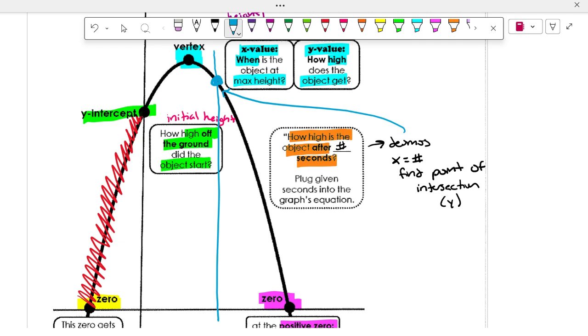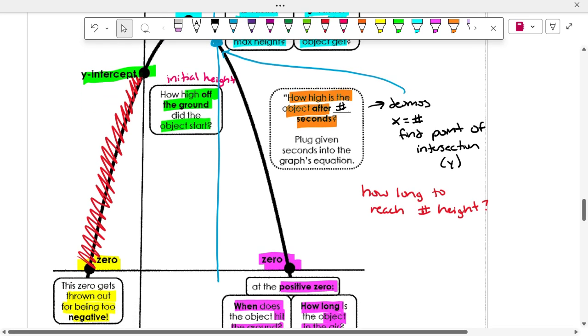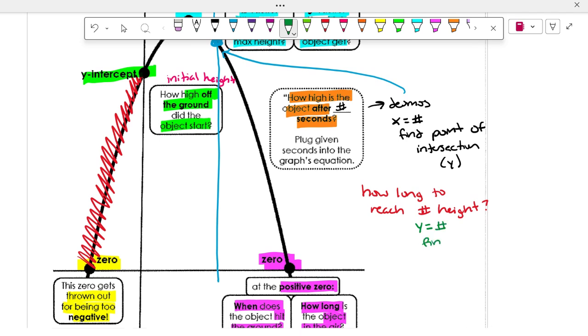Now, it's not on here, but on the opposite hand, if it asks you how long to reach some number of height, all right, same thing, but you would use the y value instead. So you type in y equals a number into Desmos, and then find the point of intersection.